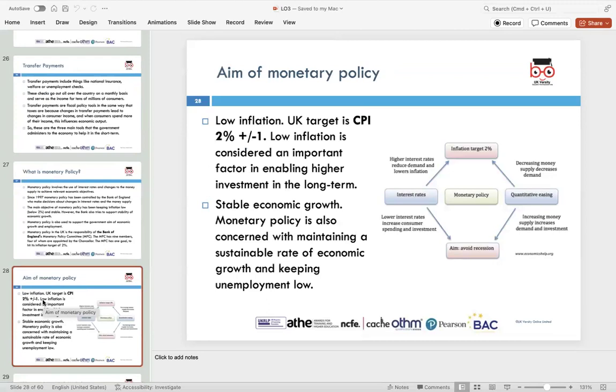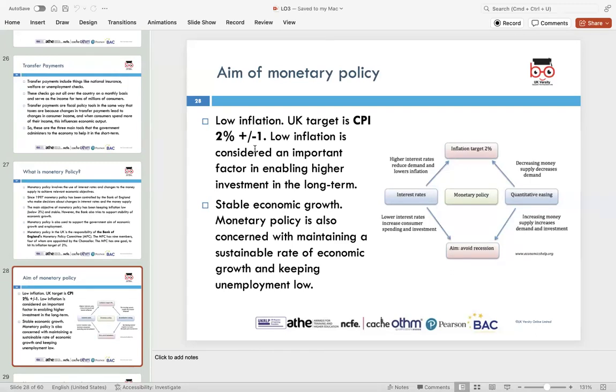The aim of monetary policy is low inflation. The UK target is 2% plus or minus one. So when it comes to supporting a larger level of investment over the long term, low inflation is taken into consideration as a significant aspect.